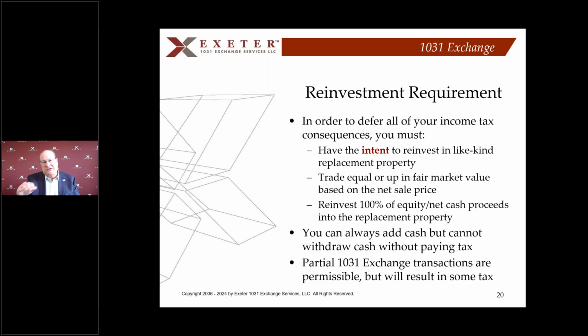So you want to be able to say you've traded equal or up in value, so then you've deferred. The best way to look at it is the government's really taken a position that you own this asset that's worth a net of about $950, and as long as you remain fully invested at that level, they let you defer all the taxes. We're going to talk about a partial exchange in a minute, so you can trade down in value, but we'll talk about that in just a minute.